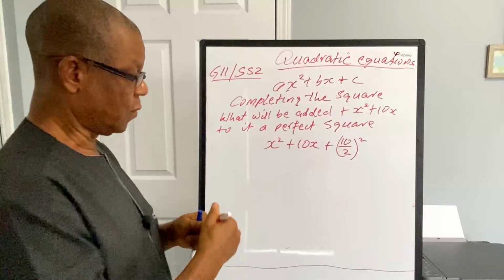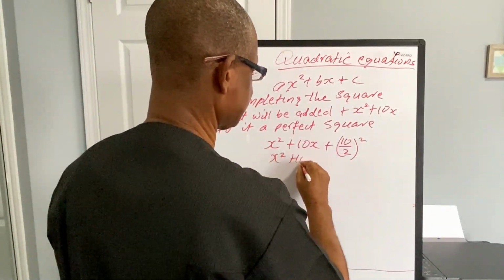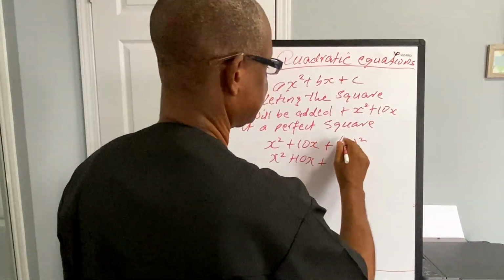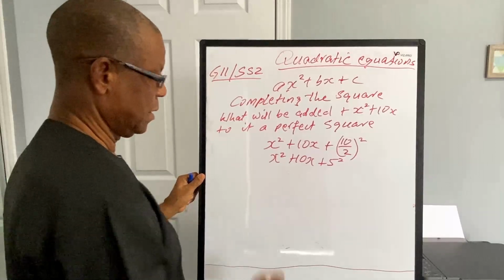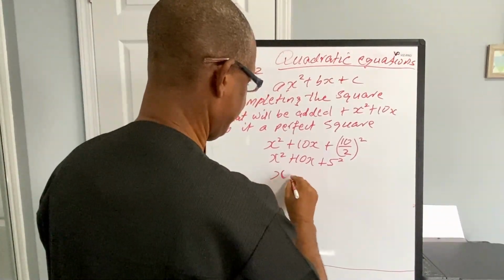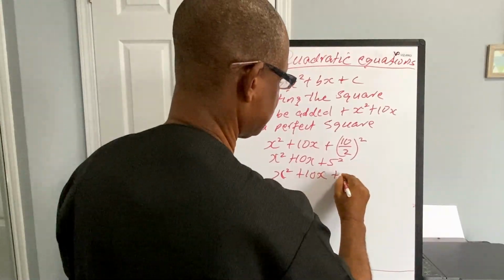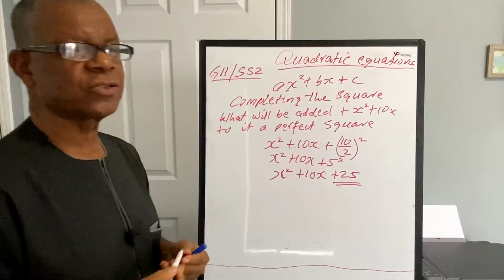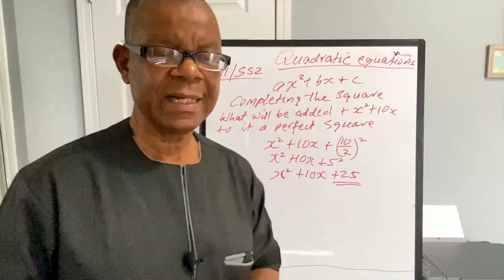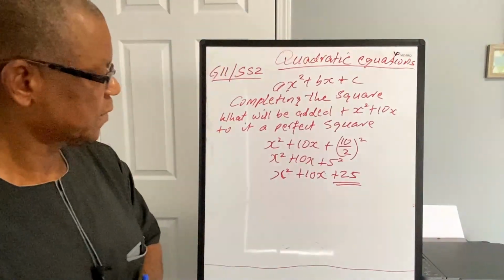And so what we have here is x squared plus 10x plus, 10 divided by 2 gives us 5, squared, resulting in x squared plus 10x plus 25. So it's 25 that we added to this expression to make it a perfect square.